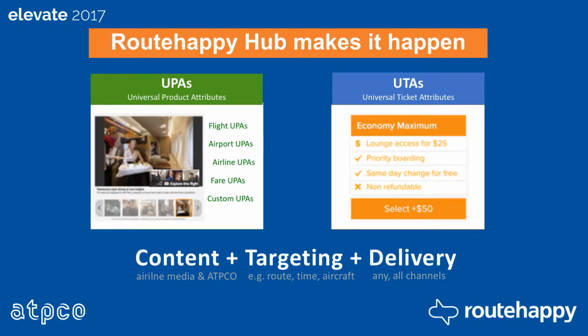Yesterday, Sharon talked a lot about the what and the why and the who. We're going to talk now about the how. So in all cases, we have to look at the content, whether it's the airline's own media, ATPCO data, that has to be ingested, and then of course targeted relevantly by aircraft, by time, by route, by cabin, by fare, and it has to be delivered.